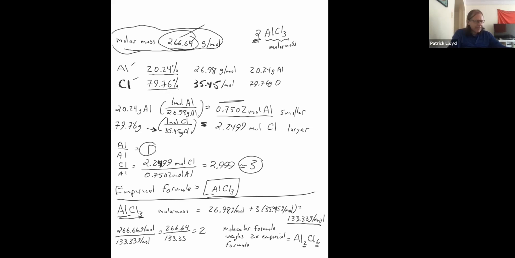The actual molar mass would be 26.98 plus 3 times 35.45, right? The molar mass is 1 mole of this substance. So 1 mole of that substance weighs 133.33, okay? This would be the actual formula. So that actually tells us a little bit about it. It probably looks something like this.